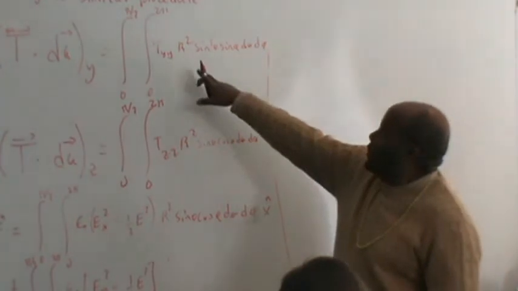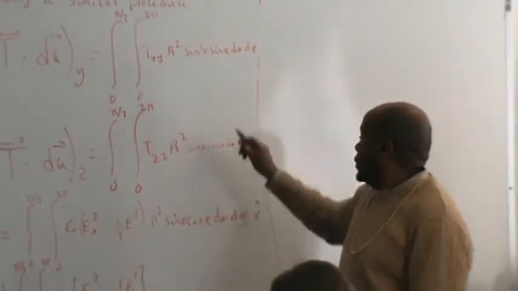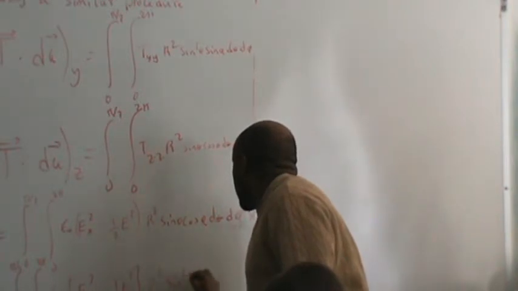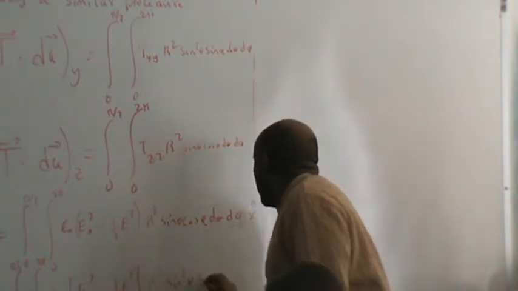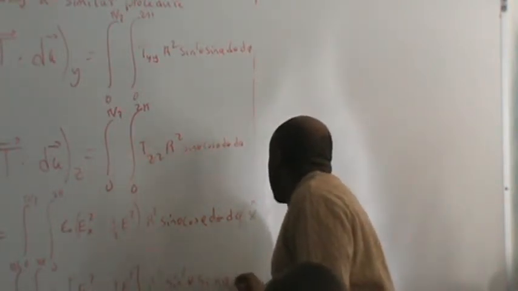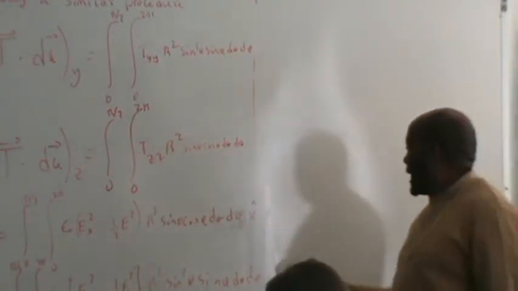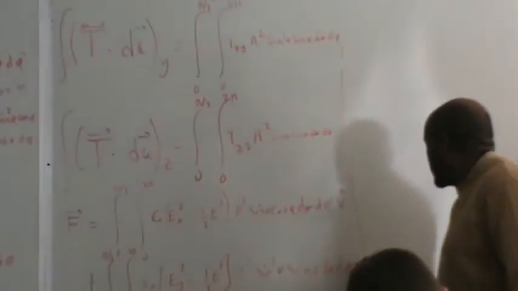The y component has to be integrated over that. So that's going to be r squared sine squared of theta sine of phi d theta d phi. So that's along the y direction.